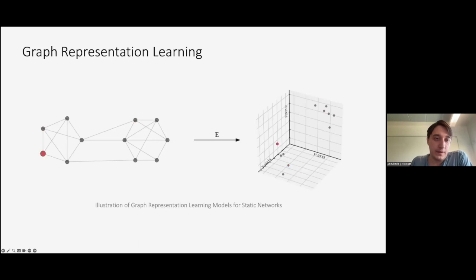As you know, graph representation learning models mainly aim to represent every node of the network in a low dimensional space by preserving some structural properties of the network. For instance, here we have two clusters, so you might want to have close node representations for the nodes belonging to the same cluster.